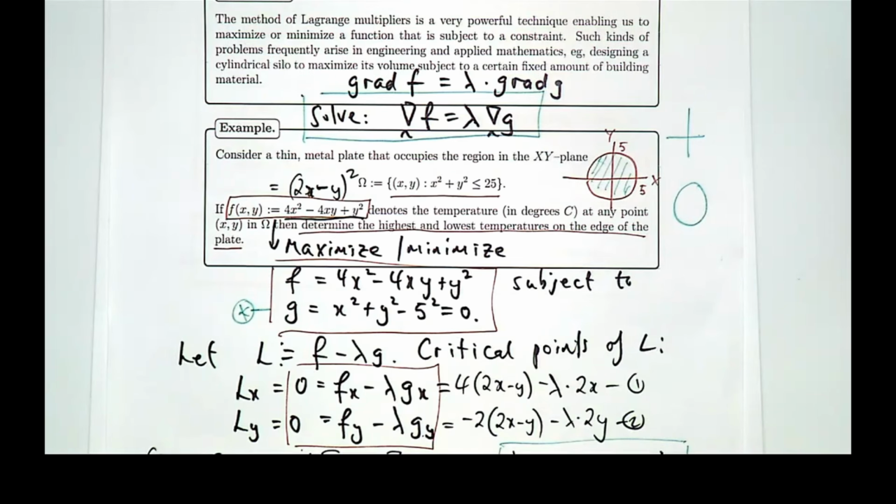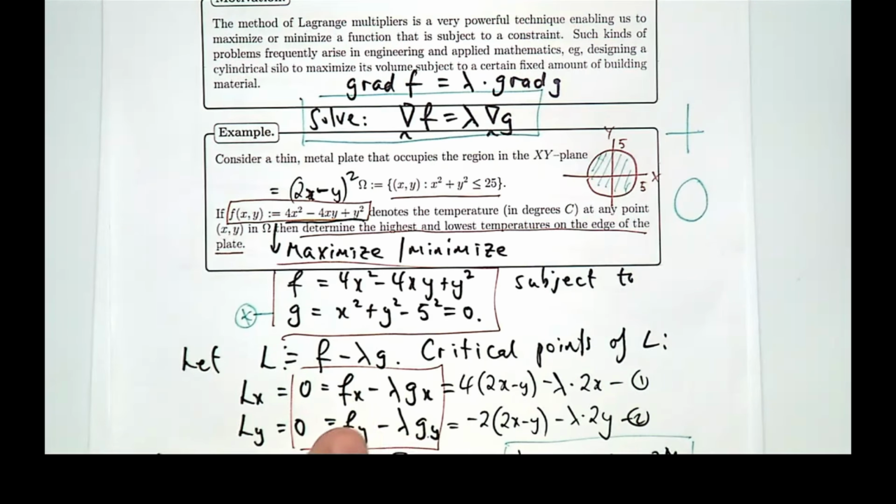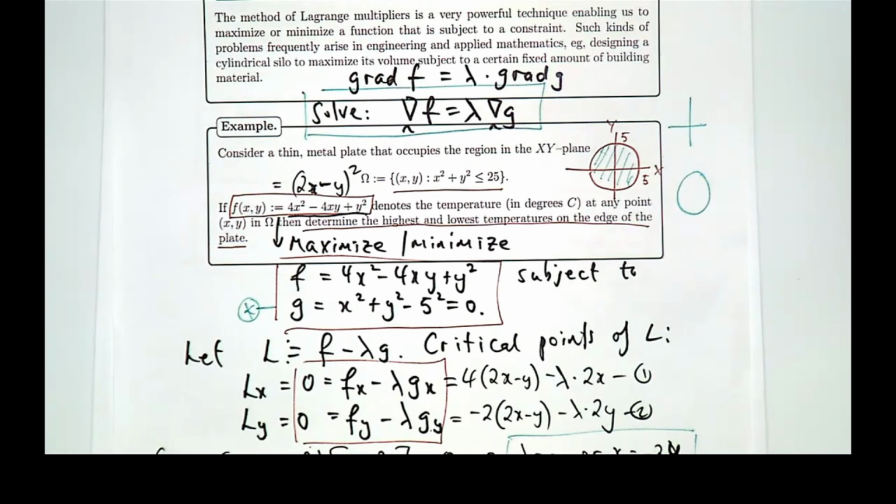So this and this are identical equations, right? And I say, oh, let L be that, just so it's the same process as finding critical points. So you can connect it with something we've already learned. You don't have to do that. You can just work with grad f equals lambda grad g. I won't be upset, right? But this is just a way of connecting it with something that you have seen.